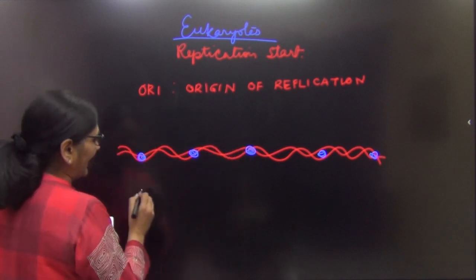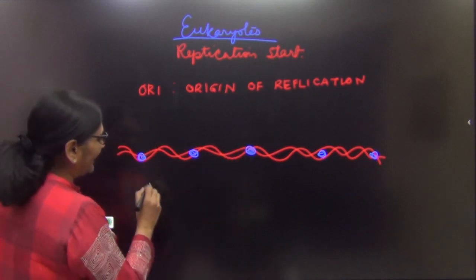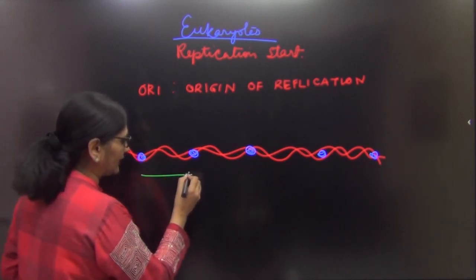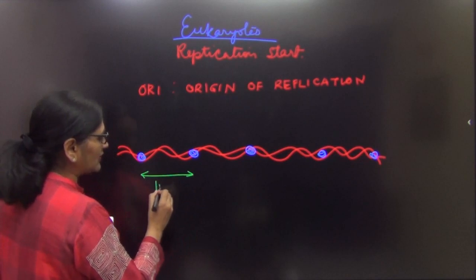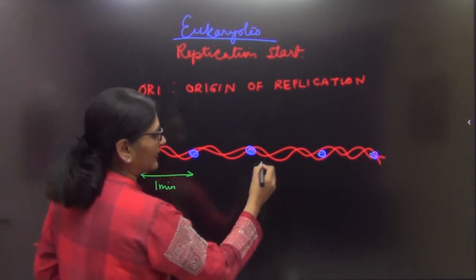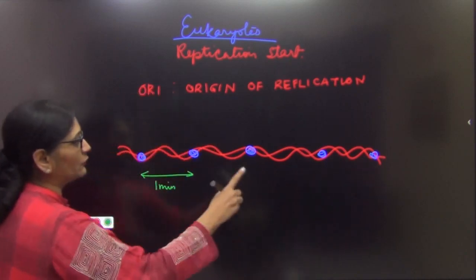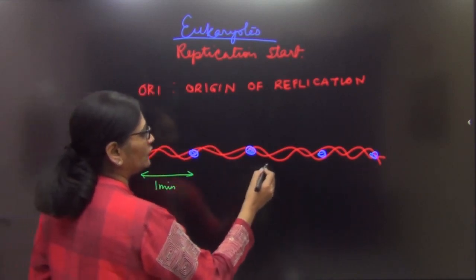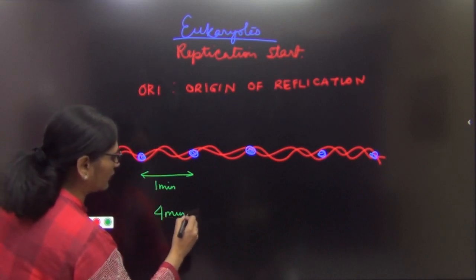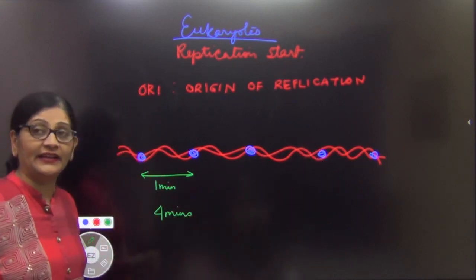Why? Say, I'm just giving you mathematically. It takes 1 minute for the DNA to replicate from here to here. यहाँ से यहाँ replicate करने में suppose 1 minute लगता है. तो डेफिनेटली यहाँ से हमें 1 लगेगा, प्लस यहाँ से 1, दैट मीन्स पूरे डीएनए को रेप्लिकेट करने के लिए 1, 2, 3, 4, that means 4 minutes will be required for replication of the entire DNA.